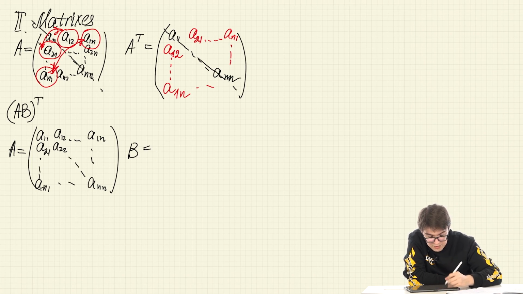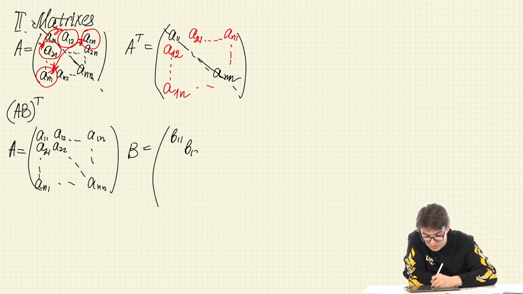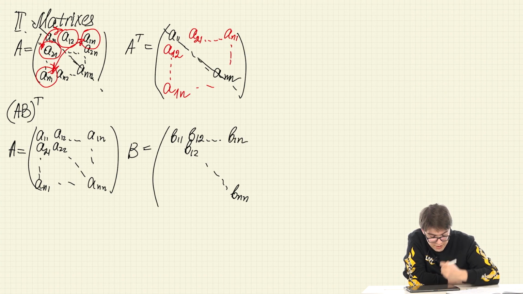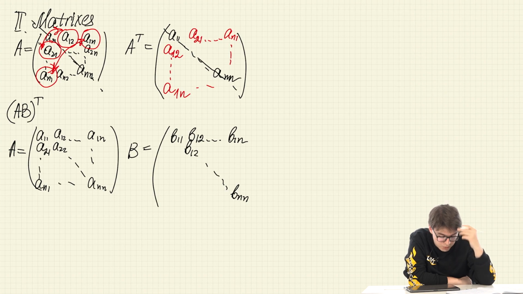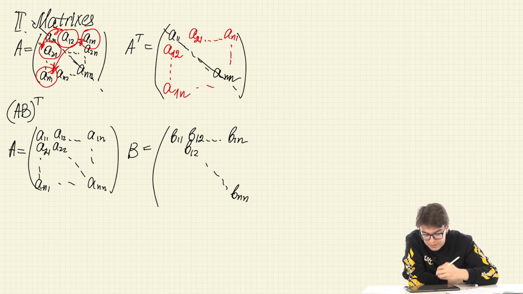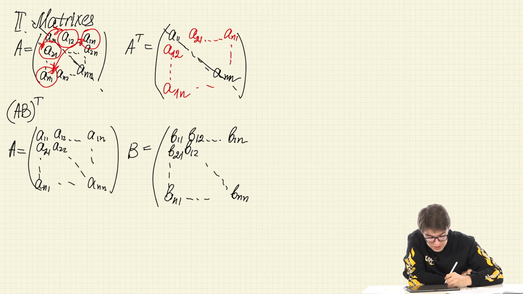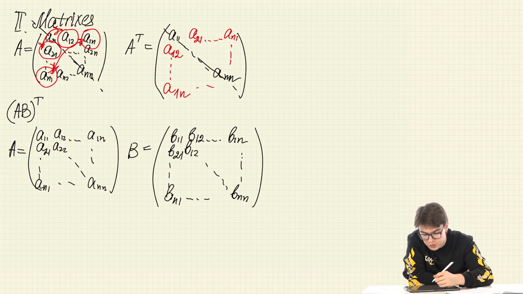If we use the multiplication of these matrices, we should use the first row of the first matrix and the first column of the second matrix. The corresponding elements should be multiplied, and then the results should be added.